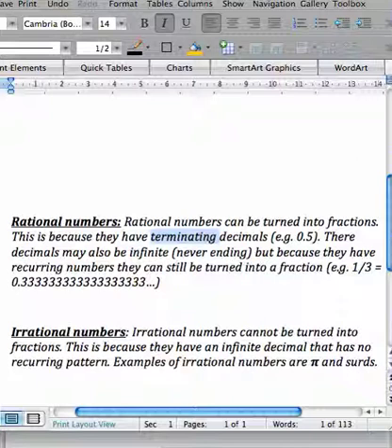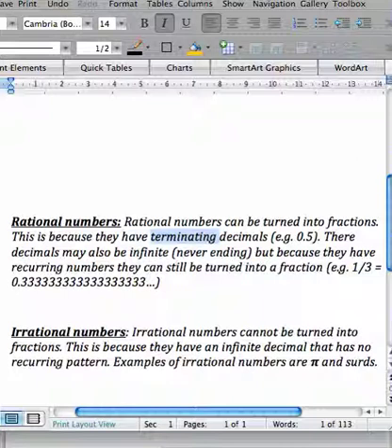But sometimes we have decimals that don't terminate, and we say they're infinite, going on to infinity and beyond, or never ending. For example, a third is a decimal that never ends. We get 0.3333 and so on. When you try to divide this, it never ends.